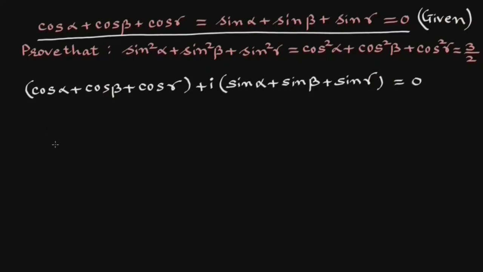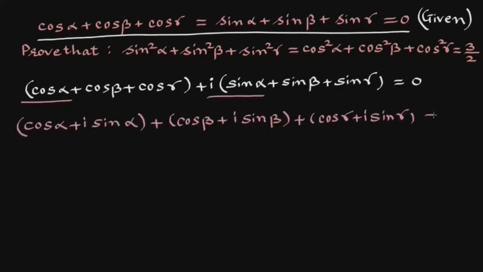Here we will rearrange the terms and write cos alpha plus I sin alpha plus etc. equals 0. If we assume cos alpha plus I sin alpha equals A, cos beta plus I sin beta equals B, and cos gamma plus I sin gamma equals C, then we get A plus B plus C equals 0.